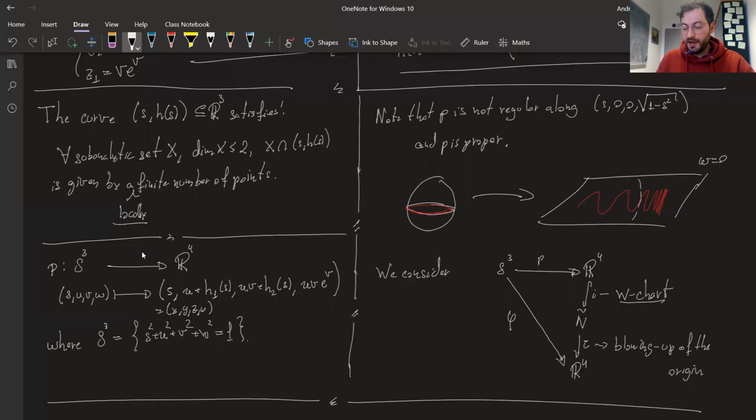So its critical values are going to be of a subanalytic set of at most dimension 2. And therefore, it will intersect only a locally finite number of points of this guy. So you're not going to be able to, by some other general centers of blowing up, cover this red curve by blowing up. So you're obliged to blow it up entirely, but this is not possible globally.